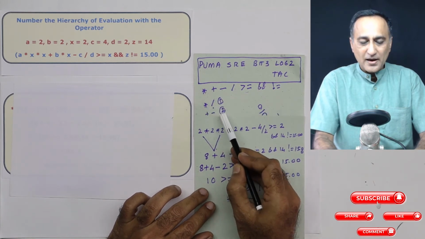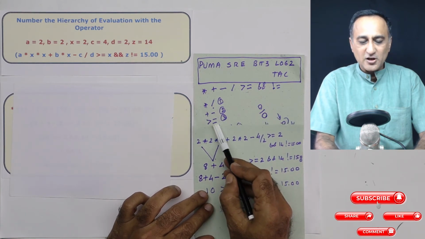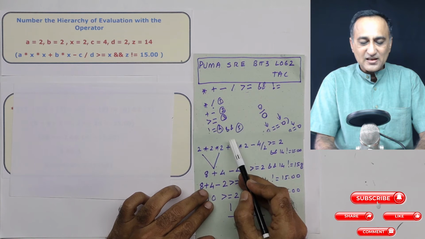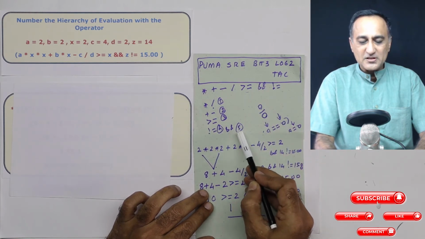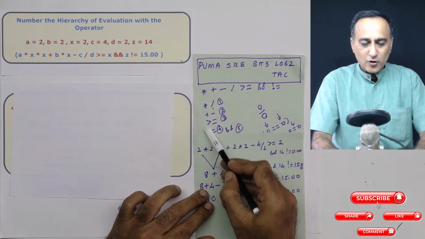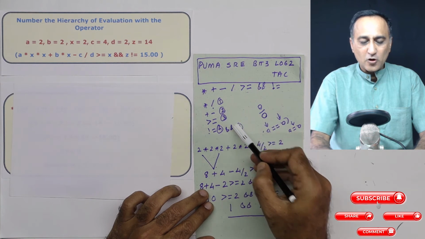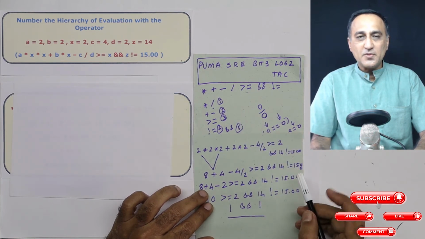Then this is followed by plus and minus. Third is the relational operator. Next is the not equal to operator. And finally the lowest precedence is the logical and operator. So now I have all the operators arranged in the order of their precedence. There is only one thing which needs to be done now.